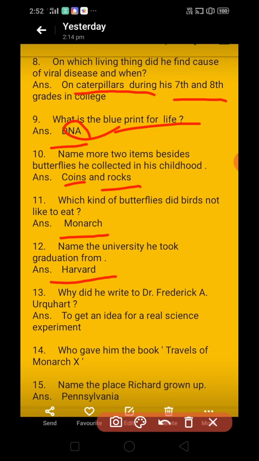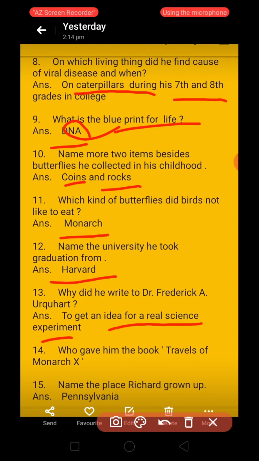The main target was to write a letter seeking an idea for a real science experiment, and seeking this idea he wrote a letter to Dr. Frederick A. Urquhart.